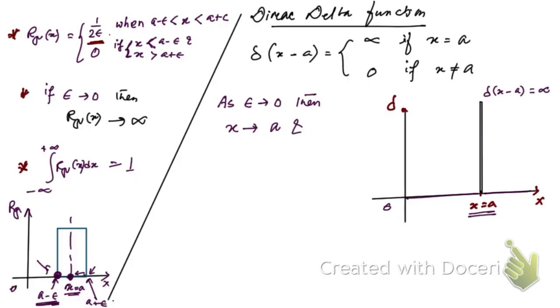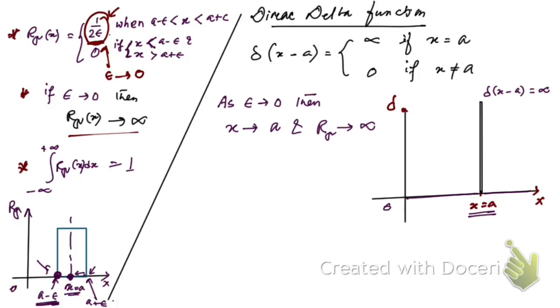And if x tends to a, then we can say that R sigma tends to infinity, because we have already seen this function. Here you see, if epsilon tends to 0, then obviously 1 by 2 epsilon is going to be infinity for epsilon equal to 0.